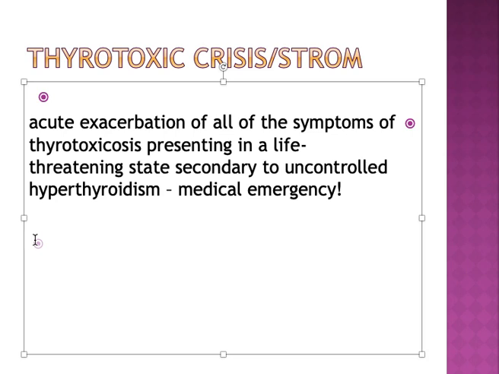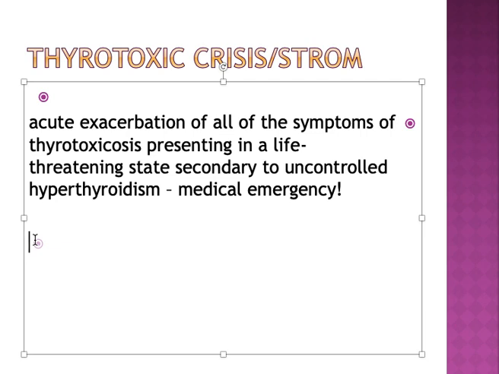Now, in what patients can this occur? All the patients who have hyperthyroidism, whenever they have some infections or trauma, surgery, for example, is a trauma as well. So there is too much thyroid hormone in the blood, which can cause this thyrotoxic crisis or storm.